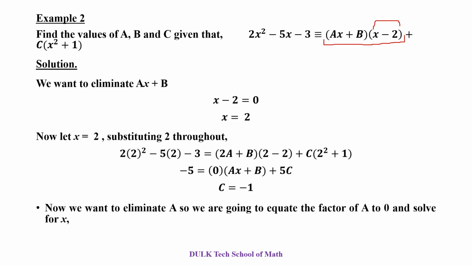Now I want to eliminate a. So we're going to equate the factor of a to 0. In this case, the factor of a is x. So we are going to equate x to 0. We are saying the factor of a is 0, right?